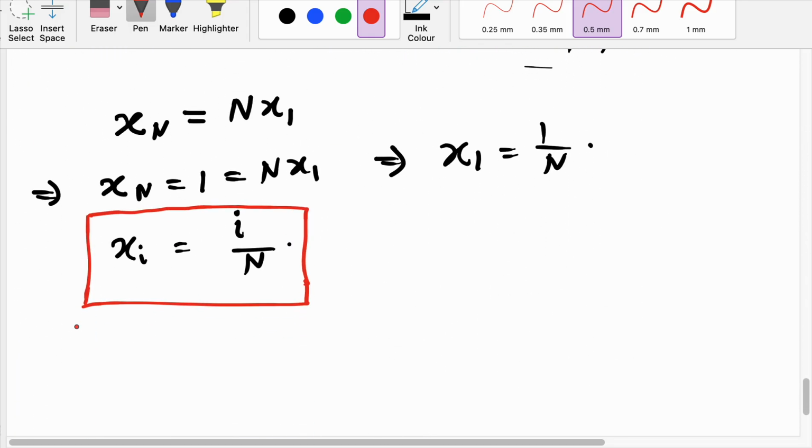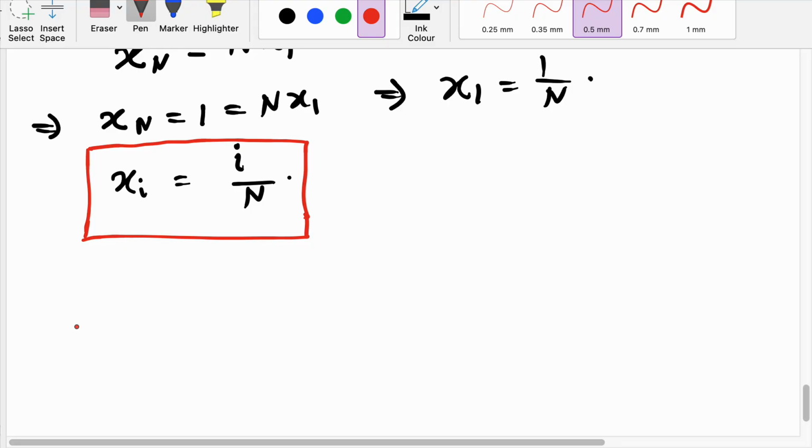So that's why it makes sense: since my process does not discriminate between any individuals, the probability of any one individual's offspring becoming the whole population is equal for all individuals. So that's why it will become 1 by n.